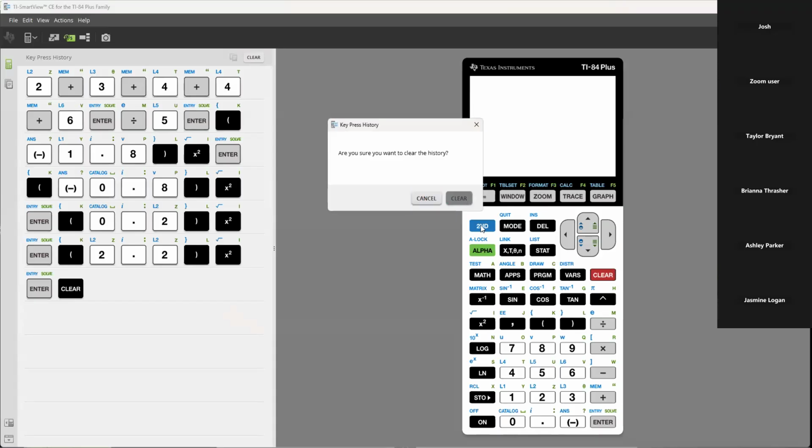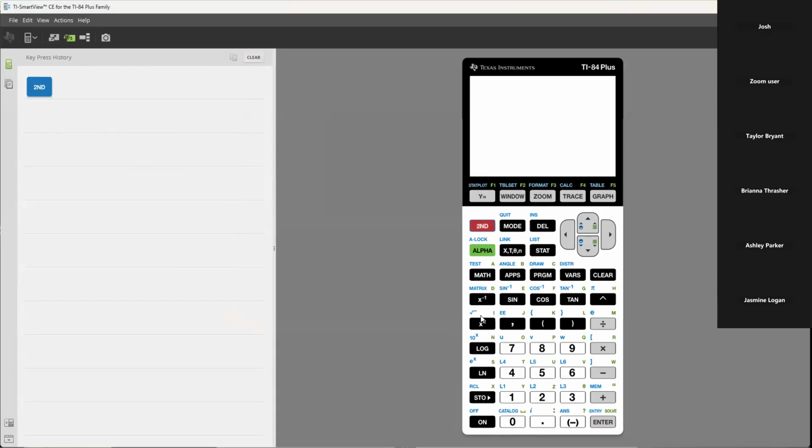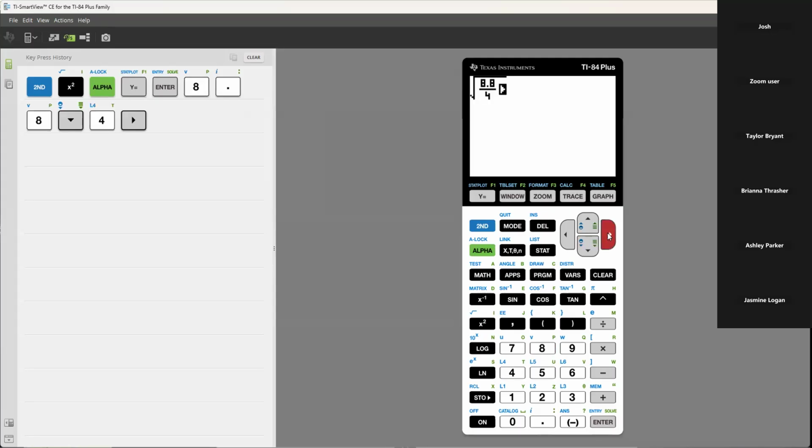So the first thing I'm going to do is hit the square root by hitting second x squared. And if you want it to look like a fraction, you can hit the green alpha button, y equals, and enter. And it'll put it in just like a fraction. And you can do 8.8 on top, arrow down, and put your 4. So notice you can do it that way and get an answer.